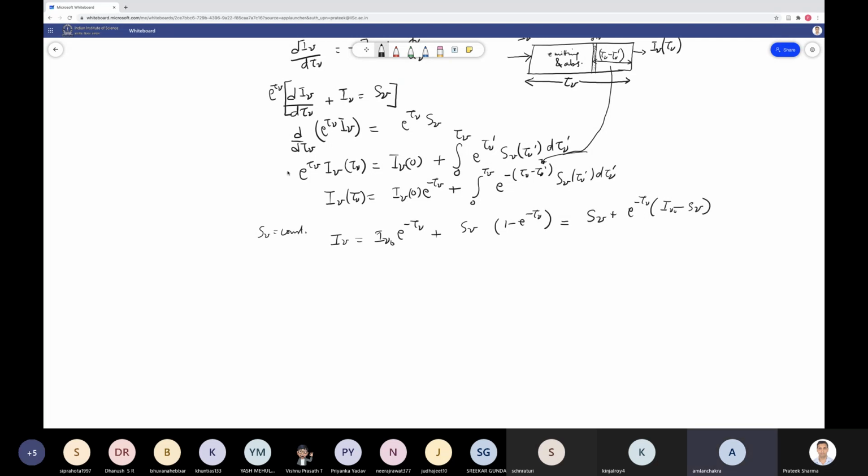You can see that as tau nu goes to infinity, as the medium becomes optically thick, I nu approaches S nu. This is actually the definition of source function: the specific intensity attained by a beam when the medium is optically thick.